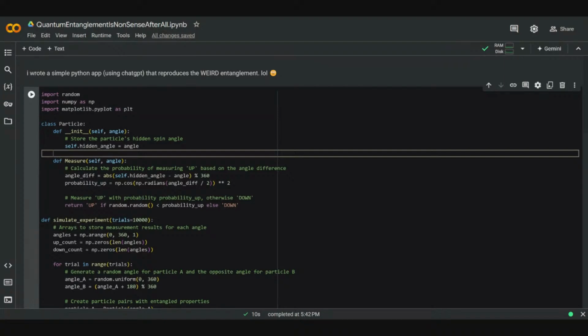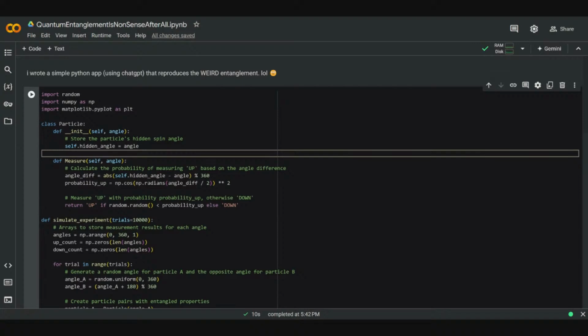The whole point is that Einstein said it's not cosine. Radians, angle difference divided by 2.